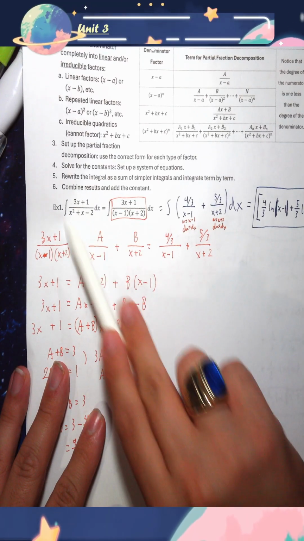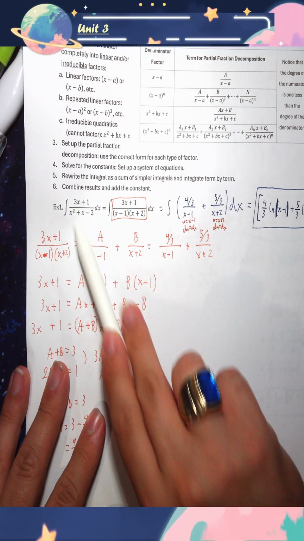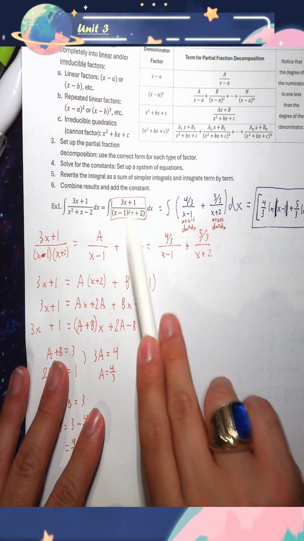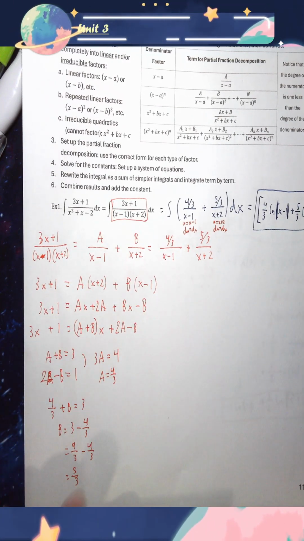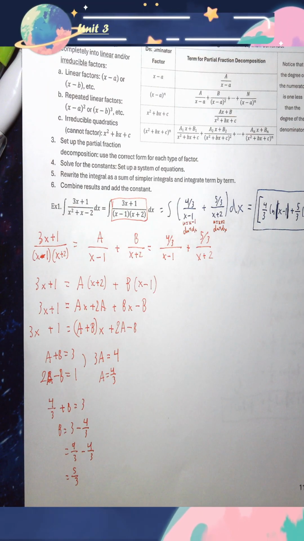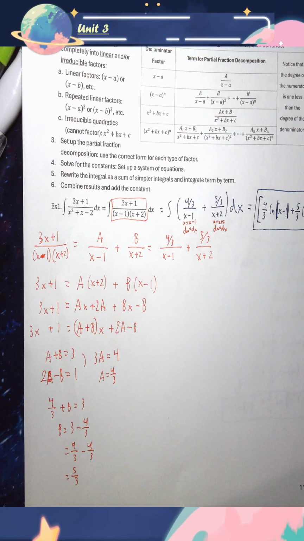So for example here, we see that this bottom part can be factored into 2 linear factors, x minus 1 and x plus 2. So we see 2 linear factors.